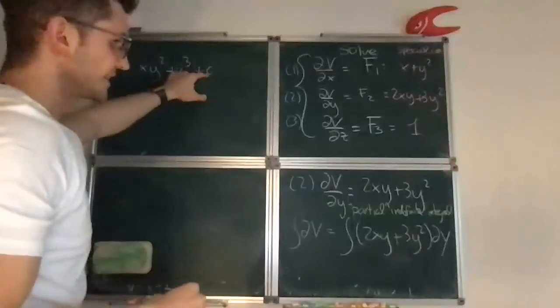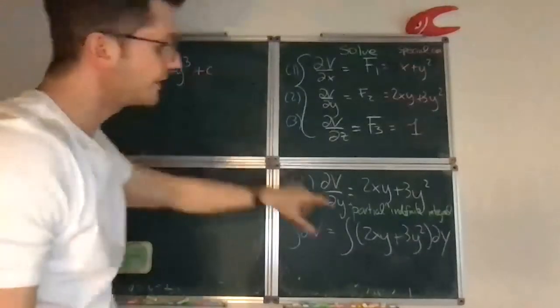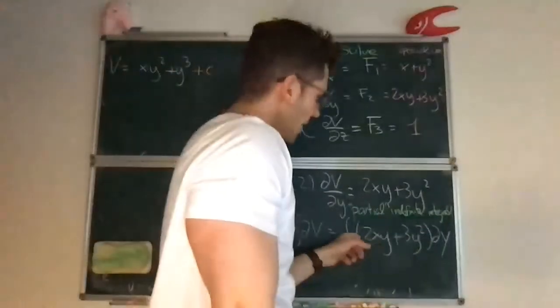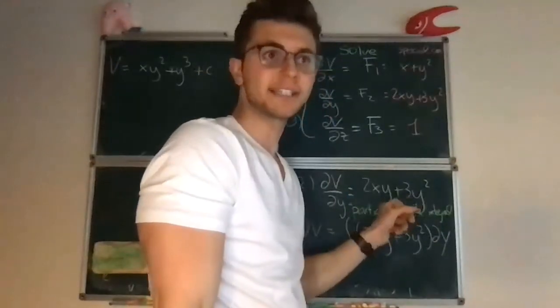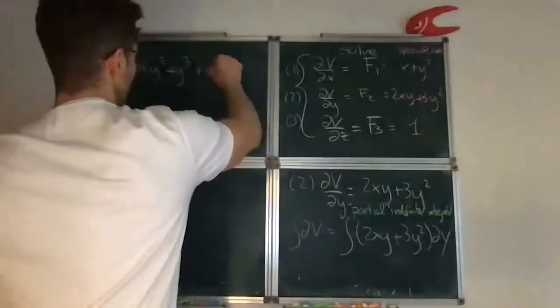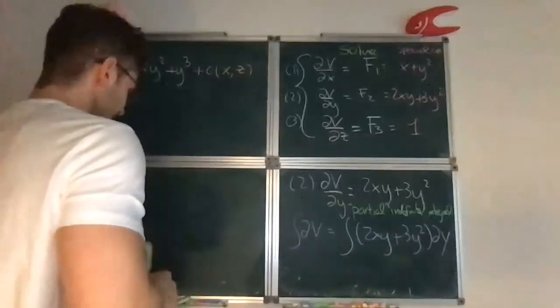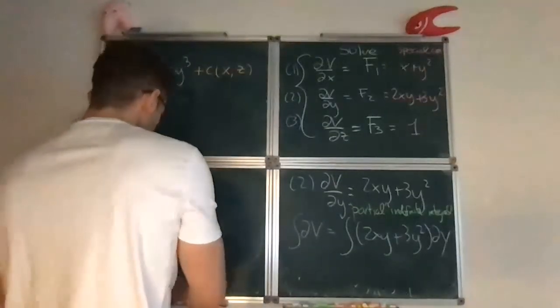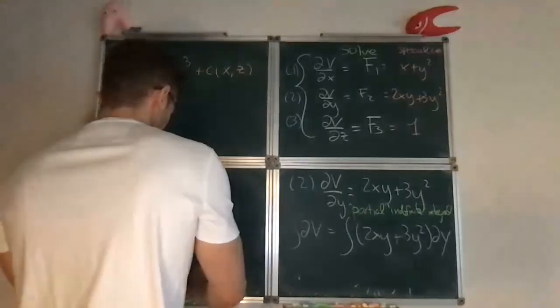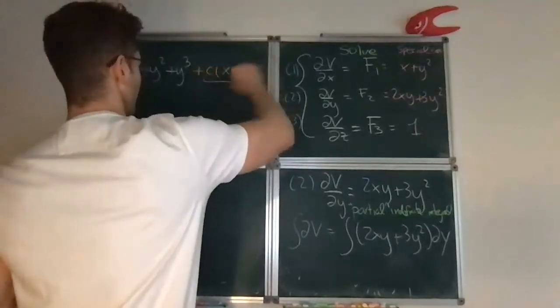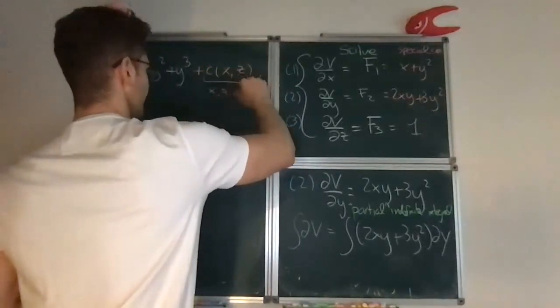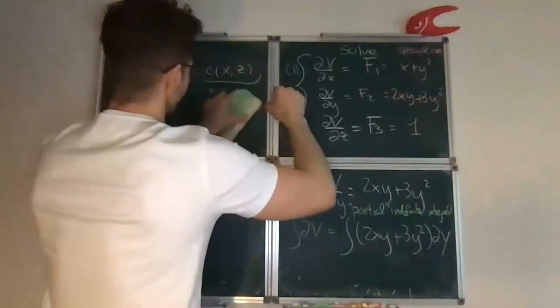But remember that in the eyes of this integral, x and z are constants. So really this function can depend on x and z. It's not really like a constant, it's a function, because x and z were treated as constants.